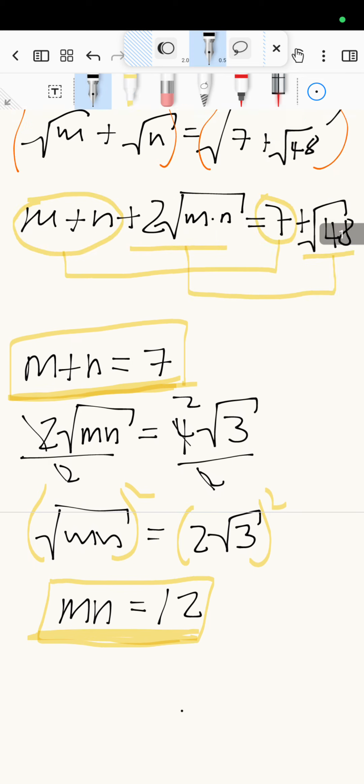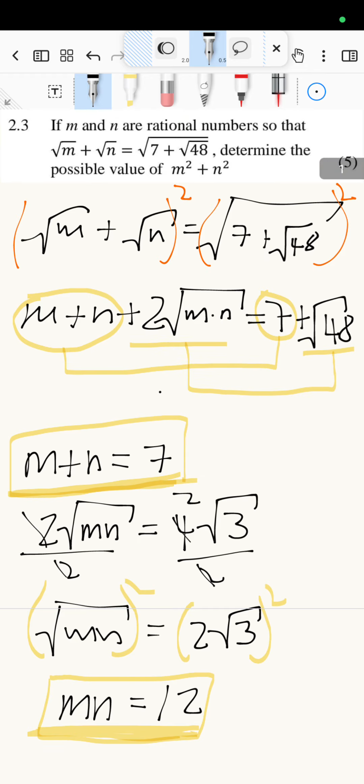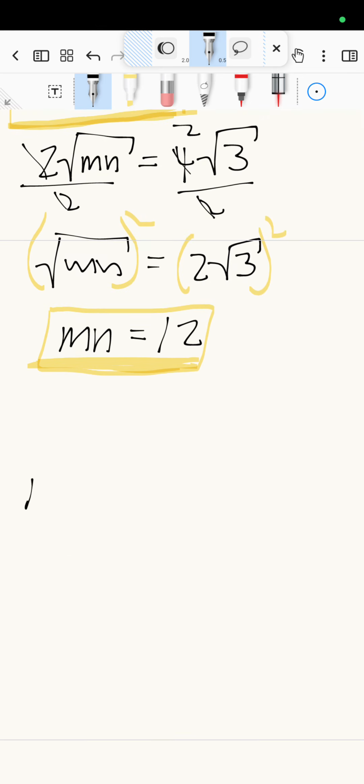But I'm just checking, what do I want to end up with? I want to end up with this over here, which is m squared plus n squared. Now I'm just remembering that if I have a bracket squared, then it's normally the first one squared, the last one squared, and first times last times 2.